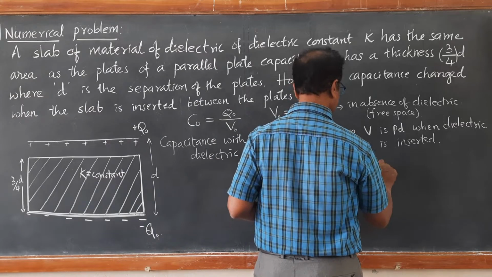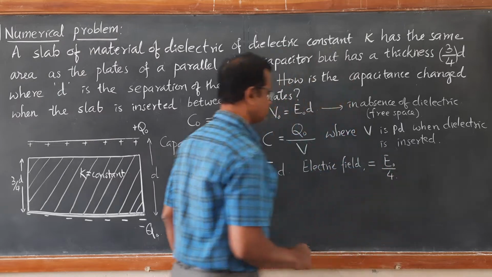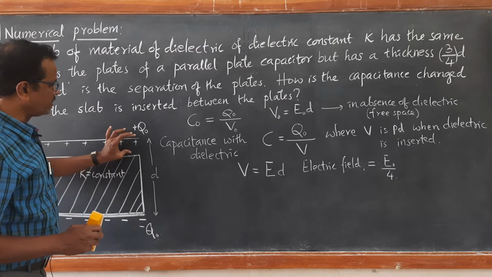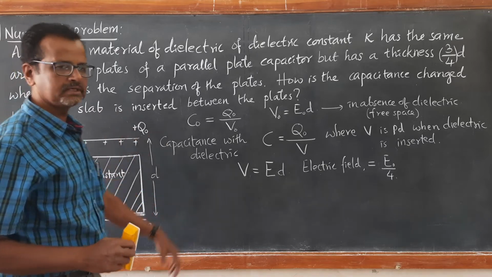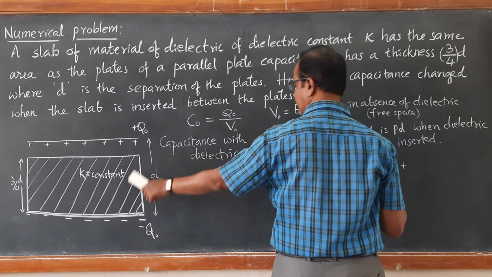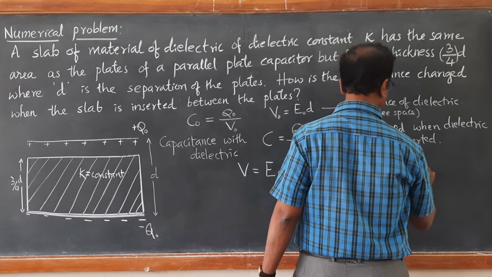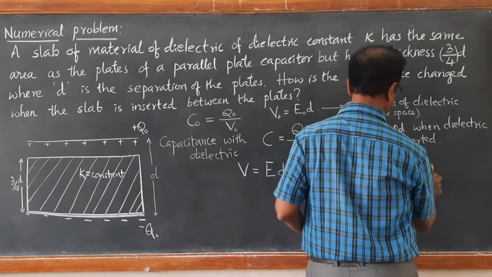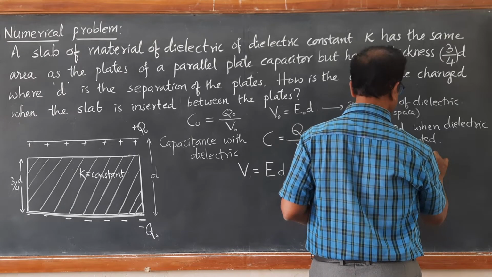The total electric field is equal to E naught by 4, because E naught is the electric field in free space, which is only responsible for 1/4 of the separation, plus the remaining electric field due to the dielectric. The electric field due to the dielectric is given by E into 3/4 of D, that is 3/4 of E.